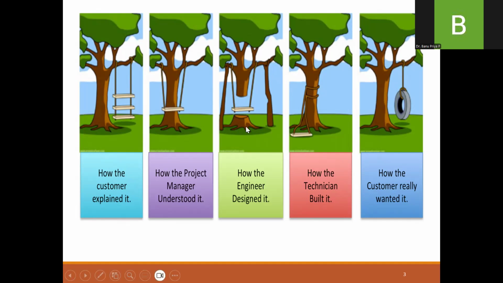Whereas this third clip shows how he has explained to his engineer what the customer wants. This is how the engineer understood, right? And he has designed it this way only. Whereas the fourth clip shows how the technician has built what the engineer has designed.